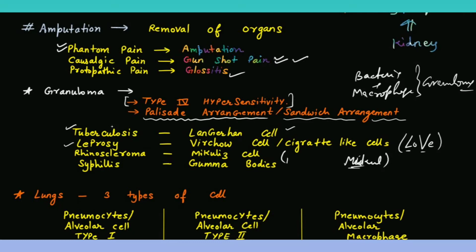And Mikulicz cells are seen in what? Rhinoscleroma. Syphilis, gumma bodies. Syphilis, what do they have? Gumma bodies. SGB. So tuberculosis, Langhans cells; leprosy, Virchow cells; rhinoscleroma, Mikulicz cells; syphilis, gumma bodies.